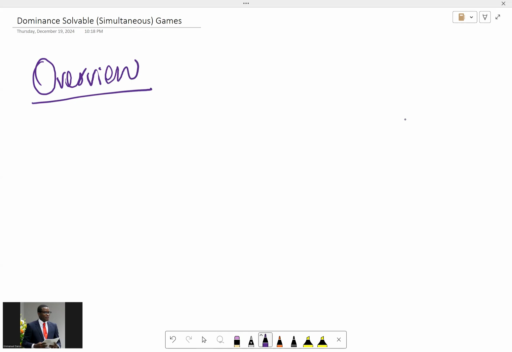Of course, the idea of dominant solvable is that you can eliminate dominated strategies until you get the Nash equilibrium. Then it's simultaneous, just like I've explained in this case. The other one was sequential.